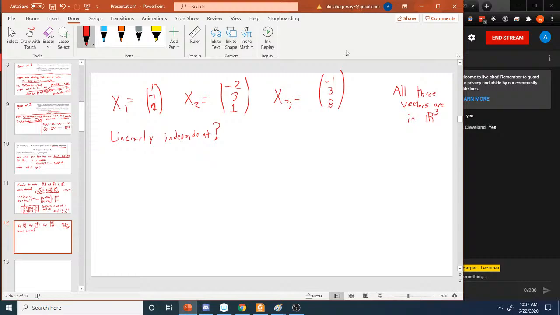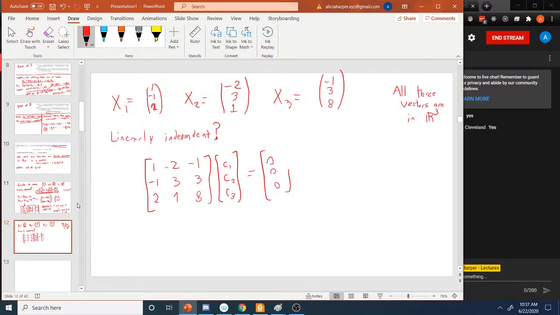So the approach we're going to take is the exact same approach that we took here. But I'm going to omit some of the steps, and I'm going to jump straight to the matrix equation. The relevant matrix equation here is the matrix that has 1, -1, 2 in the first column, -2, 3, 1 in the second, and -1, 3, 8 in the third. It's being multiplied by C1, C2, C3, and we're setting it equal to 0, 0, 0.